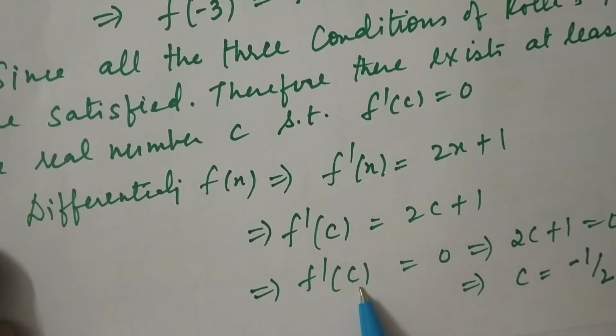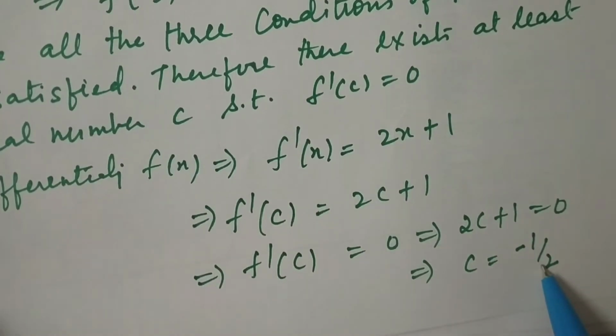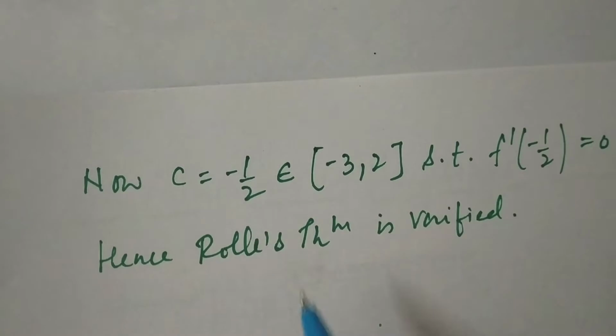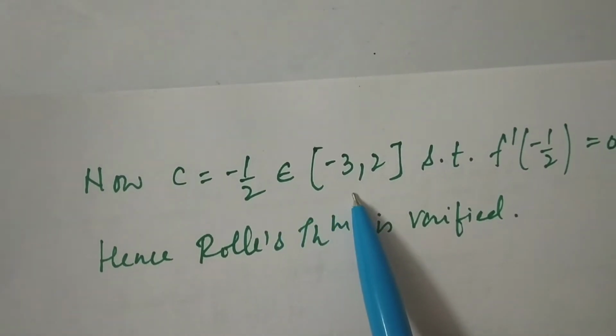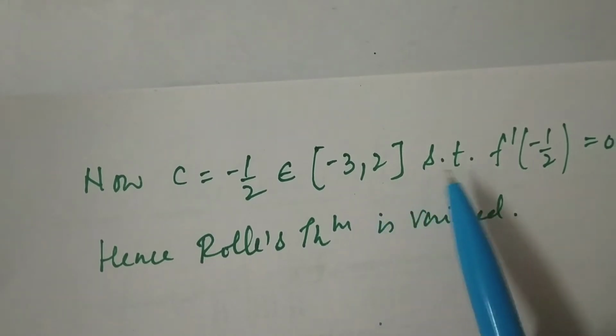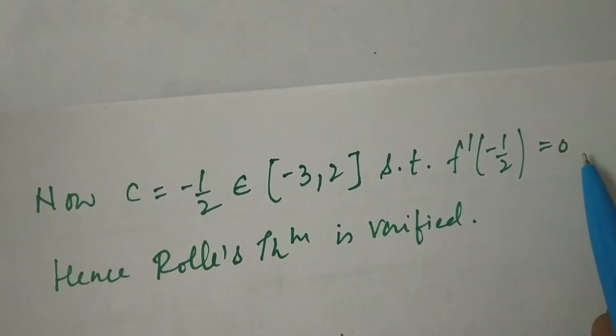We make f'(c) equal to 0, which gives us the value of c as minus half. Now we check that c equals minus half lies in our given interval (-3, 2), so that f'(-1/2) is equal to 0.